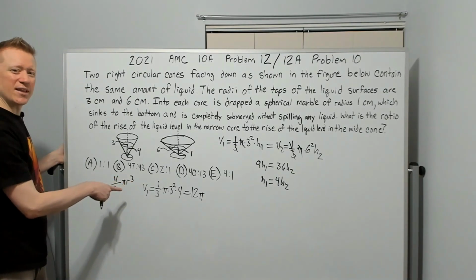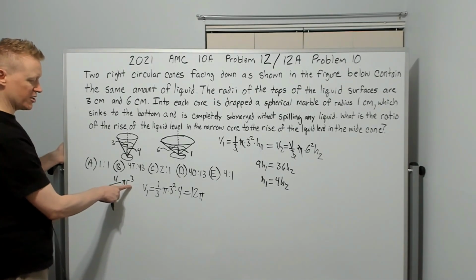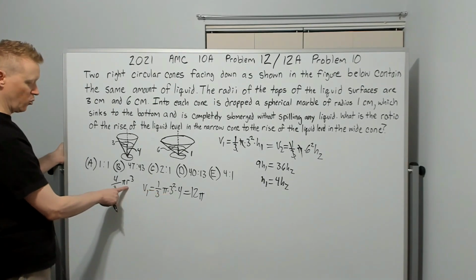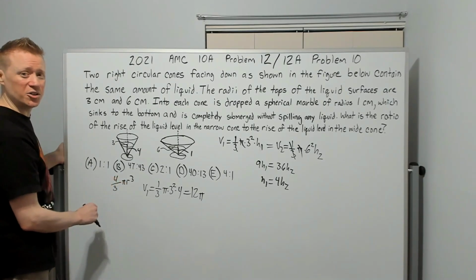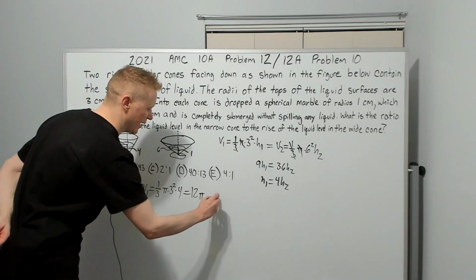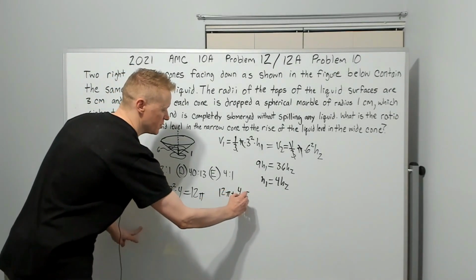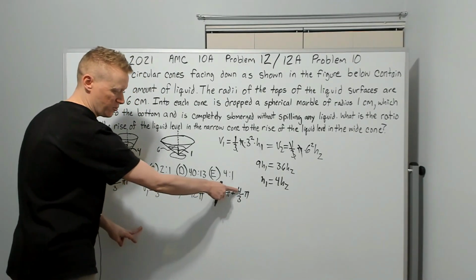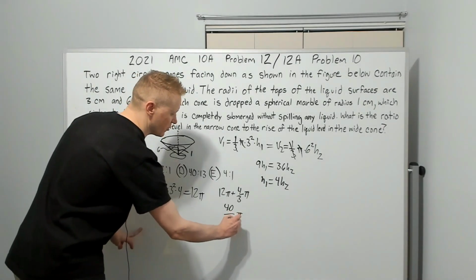Take the derivative of that, tell me what you get. Anyhow, moving on, you're going to plug in 1 to this, because it's the radius of the marble. That means the marble's volume is 4/3 pi. We're going to combine that with the 12 pi. So I've got 12 pi plus 4/3 pi. Let's make this into something over 3. 36/3 plus 4/3 will be 40/3 pi.